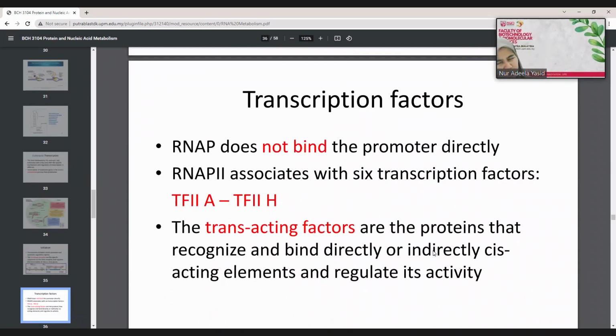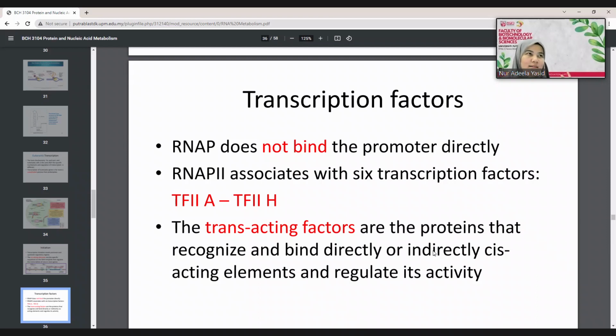Apart from the promoter and all the upstream regulatory regions, in the eukaryotic system we need transcription factors. In the eukaryotic system, RNA polymerase does not bind to the promoter directly.